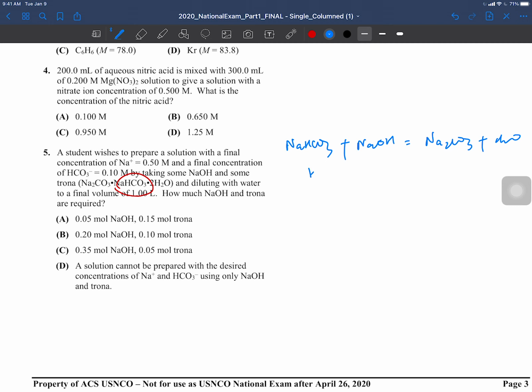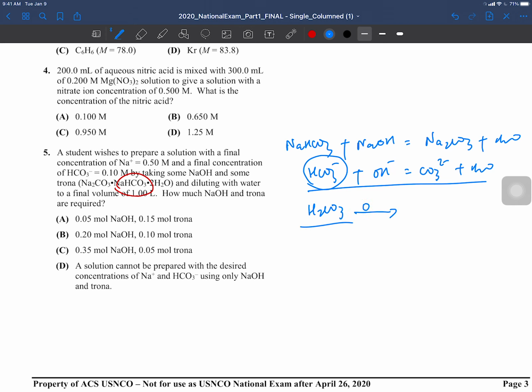So if we write it down into a net ionic equation by removing the spectators, you will get a net ionic equation like this. So how to interpret this reaction? You can say this is the second step of the neutralization of carbonic acid.